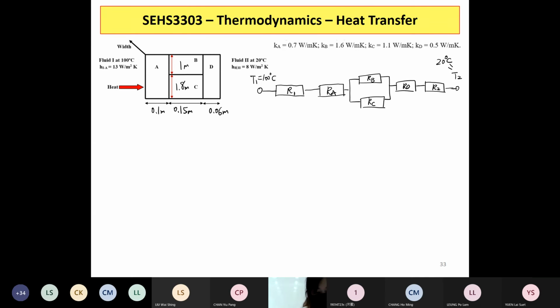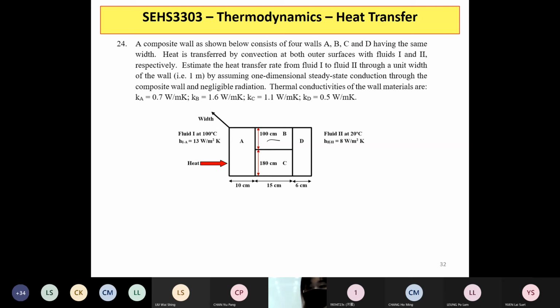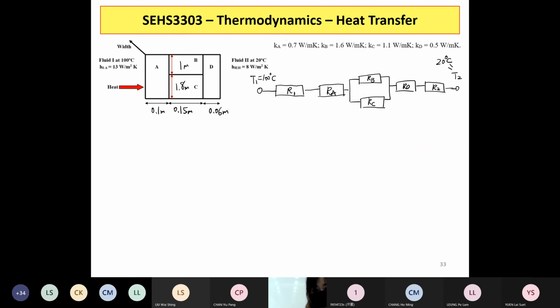Okay, so first, we'd like to calculate the heat transfer rate. The heat transfer rate through the whole system should be the same, constant. That is q equals what? The temperature difference divided by the overall thermal resistance. That is T1 minus T2 divided by RT, the total thermal resistance.